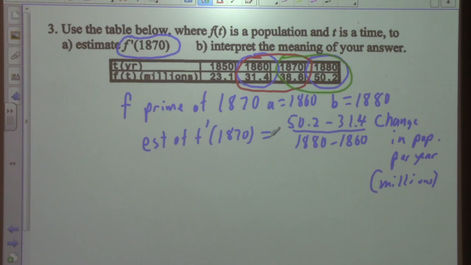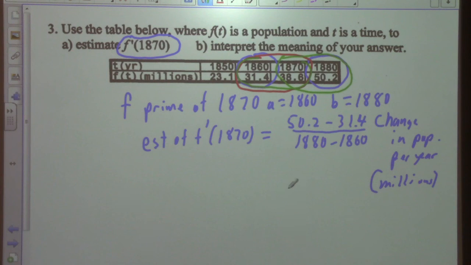A lot of times they could say estimate F prime of 1865. If they say F prime of 1865, use the two closest, but if it lands right on one, what probably makes the most sense is usually either side. And when you graph it, you'll see. You could just leave it like this. That would be the units there.